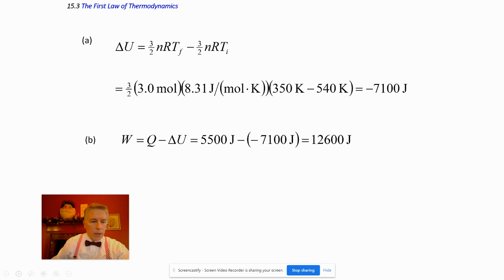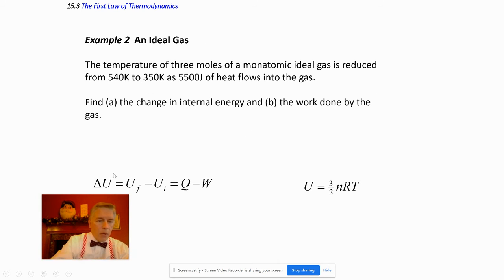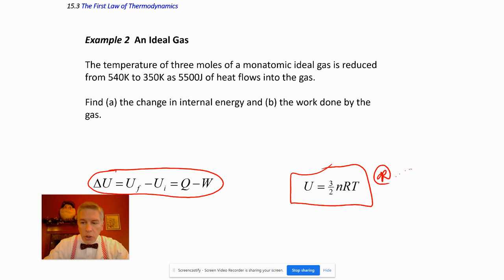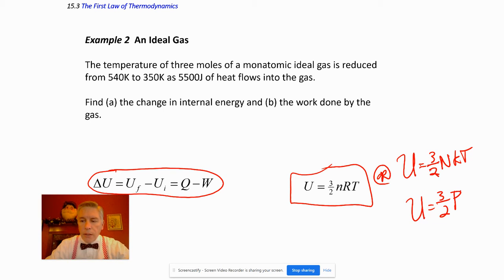One of the things that we learned in the last chapter is that you can find the internal energy of something by taking 3/2 nRT, or you could find the internal energy with 3/2 nkT, or with 3/2 PV. So we actually have a way of finding internal energy.